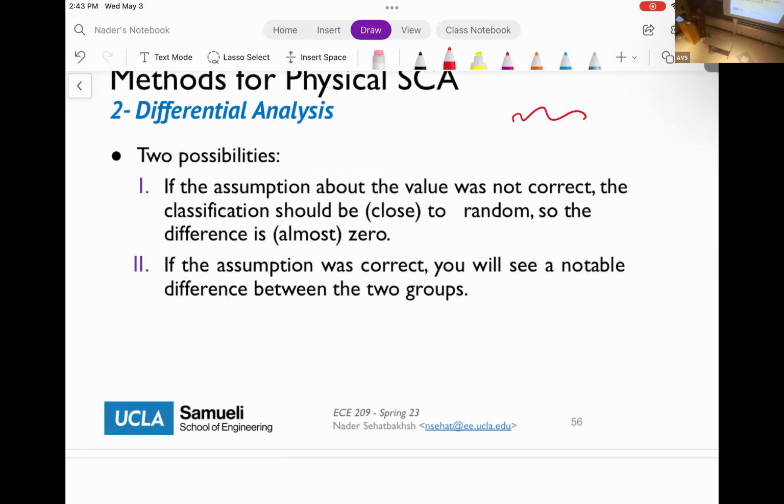I know that at some point I will see the difference; I just don't know where or how. So I'm going to brute force through different possibilities, and only one of them will give me the answer. I'm going to see a big difference between the signals and say, that's the right key, right?